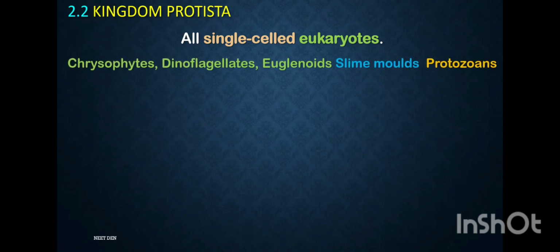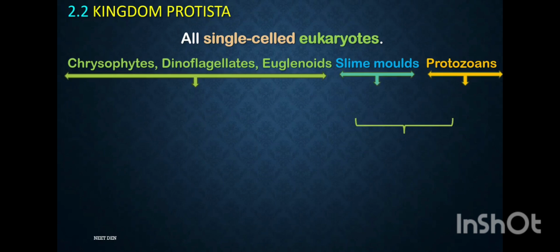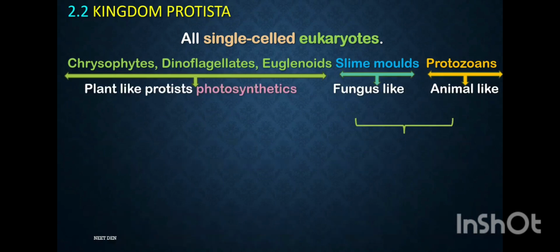And we had seen that kingdom Protista share features with kingdom Plantae, kingdom Animalia, kingdom Fungi. So we classify these various organisms in kingdom Protista as plant-like protists, which consist of chrysophytes, dinoflagellates, and euglenoids; fungus-like protists, which are slime molds, water molds, etc.; and animal-like protists, that is protozoans.